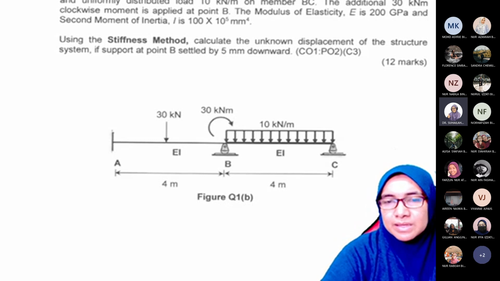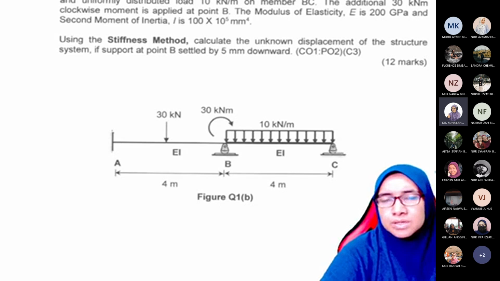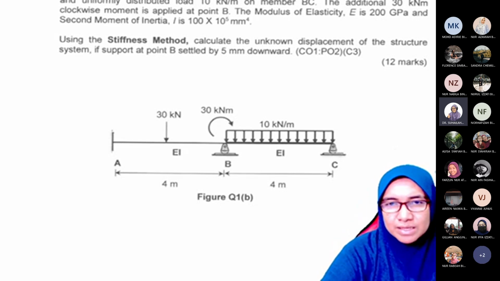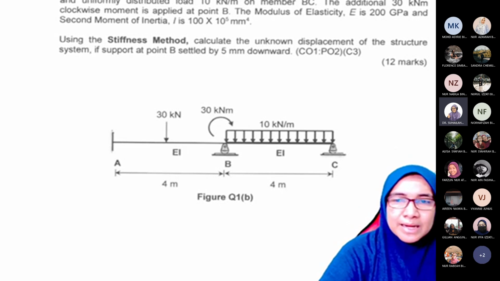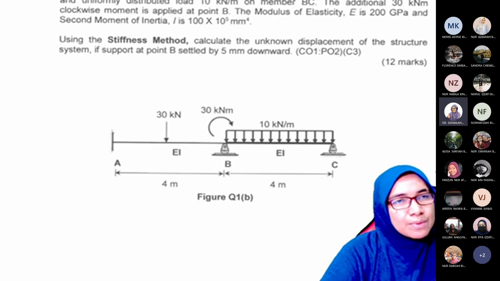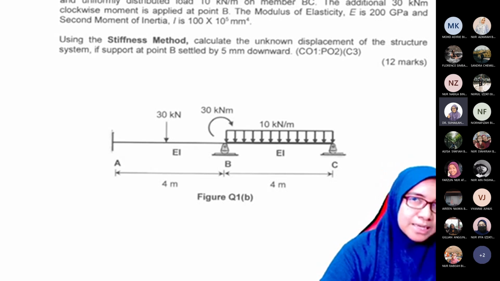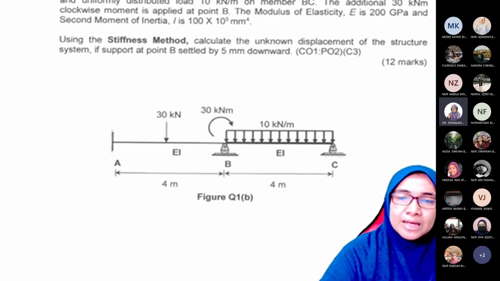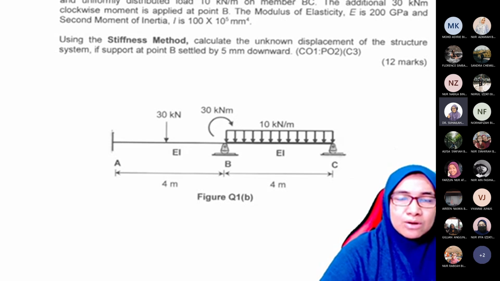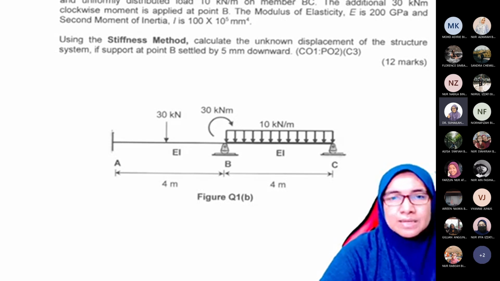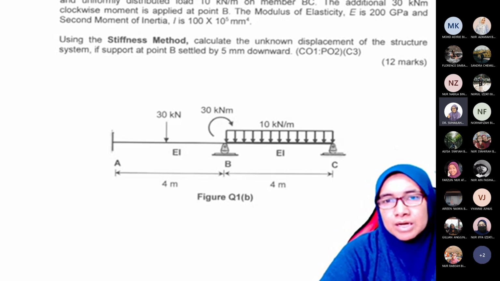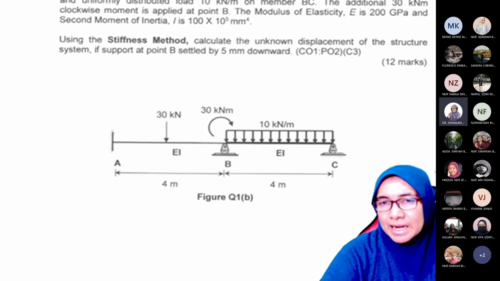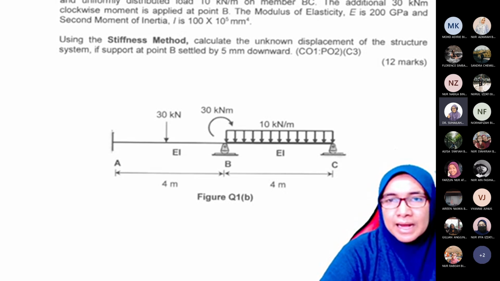As usual, we analyze elements, because in order to establish the structure stiffness matrix, we have to analyze elements. That is why the textbook mentions again the statement: divide the structure into elements, because we can only establish K by element. The formula to identify K comes from the element stiffness matrices.